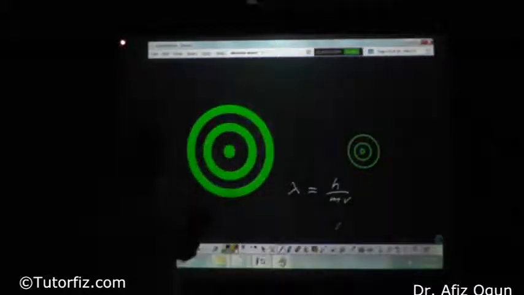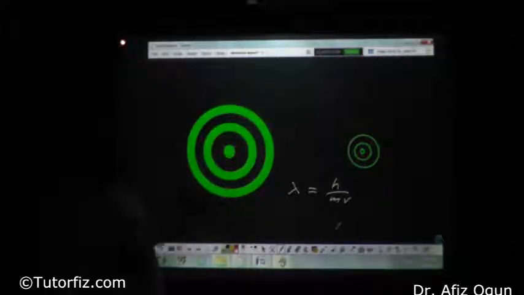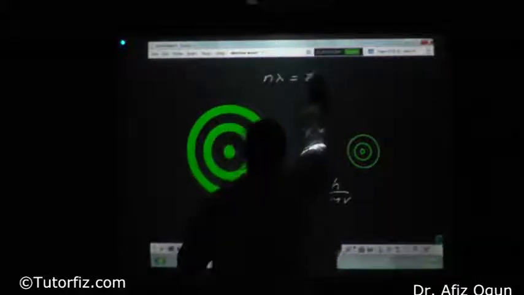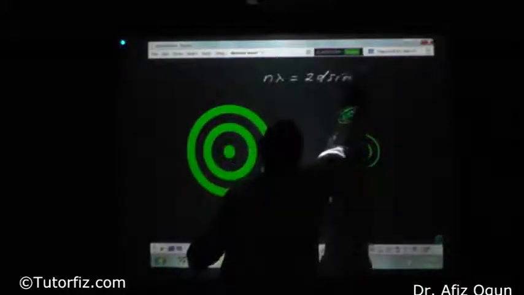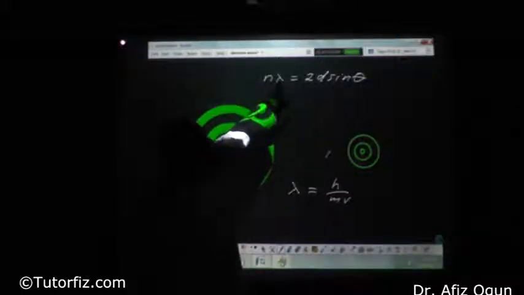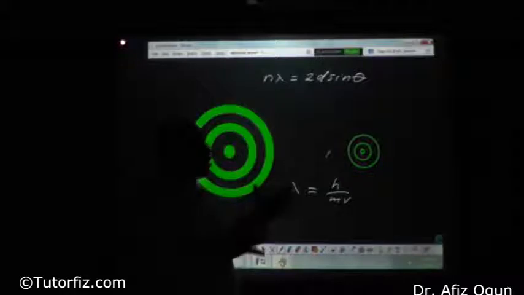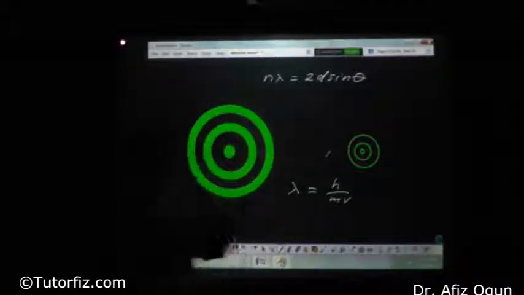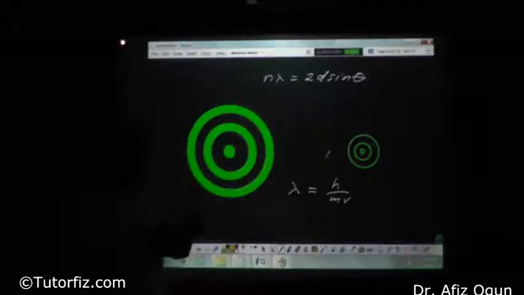We find out that the pattern shrinks because the wavelength reduces. Don't forget that, how it spreads out. Because for this, n lambda equals 2d sine theta. So once lambda decreases, sine theta will also decrease. So the pattern shrinks.